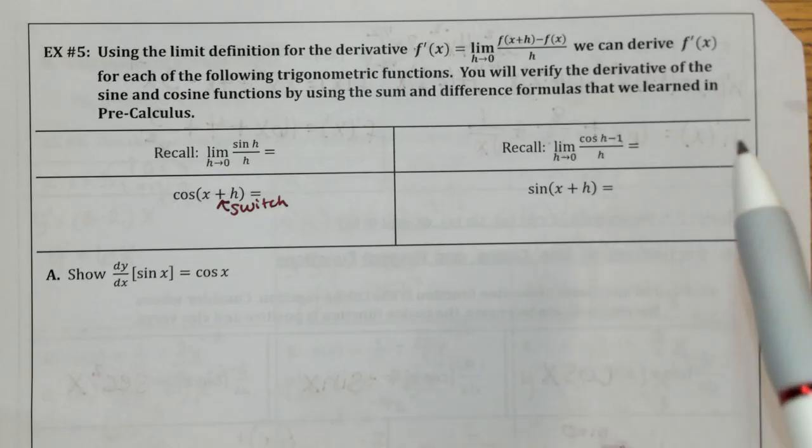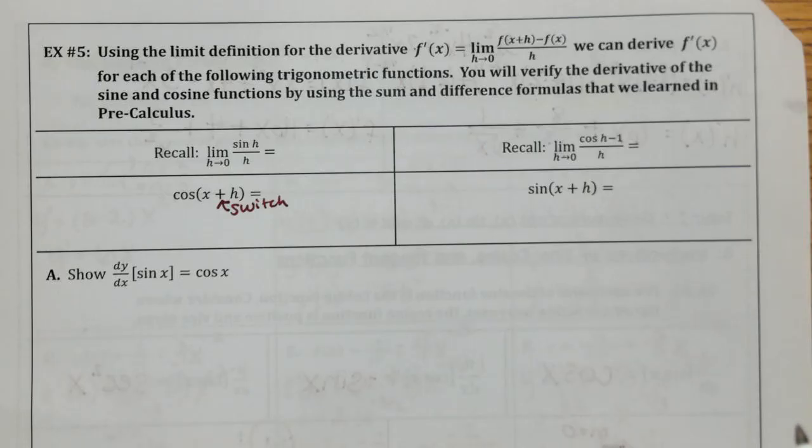We're going to verify the derivative for sine and cosine, the same thing we just looked at the graphs for, by using the sum and difference formulas that we learned in pre-cal.